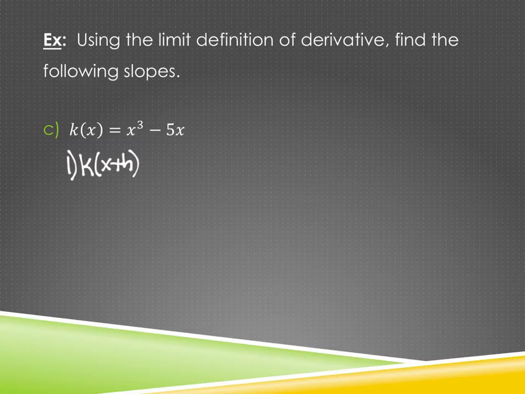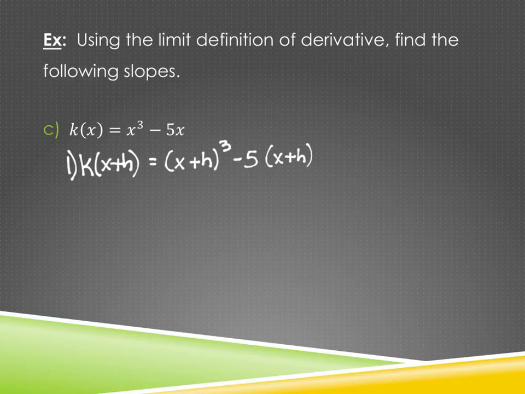So this is k of x plus h. So I have x plus h everywhere I had an x. So now I have x plus h cubed and minus 5 times x plus h. Okay.